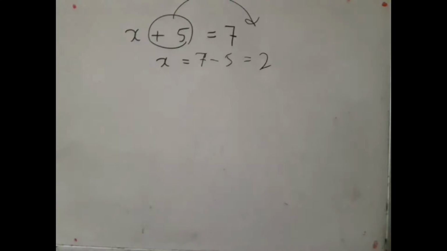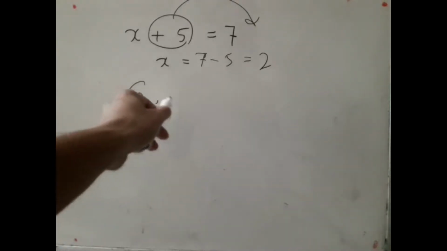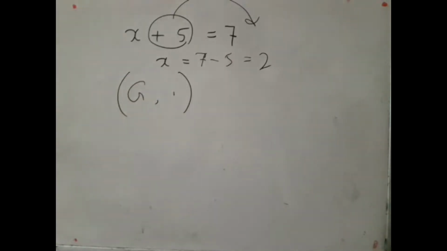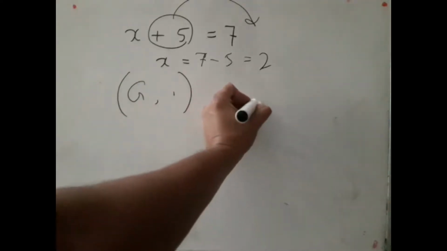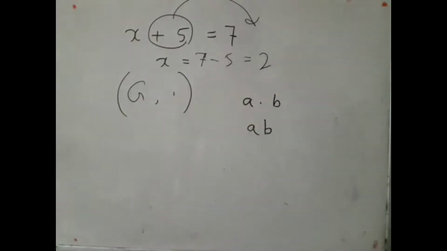Now we can do a similar thing in a group, and the setup is like this. Suppose I have a group, I will use G and I will use dot for the product, and eventually we shall just drop this notation. So instead of writing A times B, I will use the more familiar notation AB.